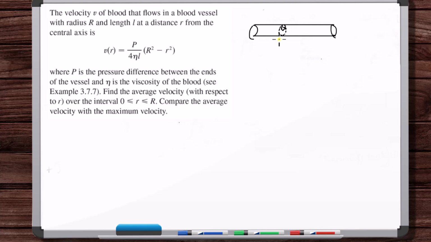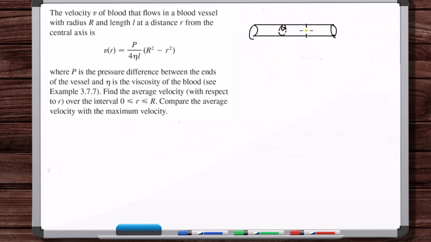At the center, I think it might be the largest velocity. Yeah, it should be, because r is equal to 0. At the center is where you have the maximum velocity. But they're asking, what's the average velocity? When you get to the walls, the blood sticks to the walls, so the velocity is 0.